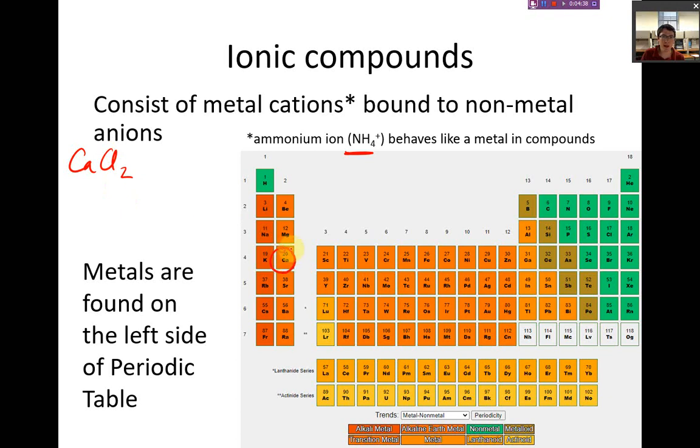We have the calcium cation with the chloride anion. We could have maybe rubidium oxide. That's an ionic compound. Or, as we said before, ammonium. So if you have ammonium with nitrate, that's a combination of the cation ammonium with other nonmetals. And so that will form an ionic compound.